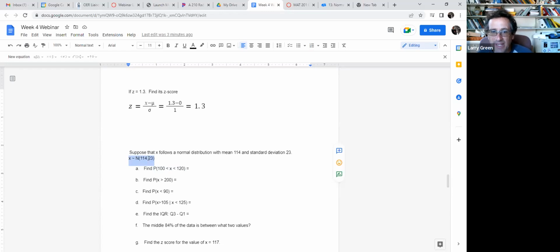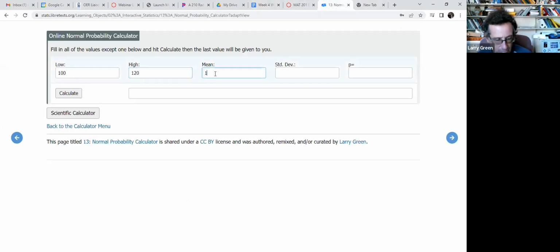It also says it here, but once you learn how to read it, it's faster to read this: 114 and 23. And then I want my probability, so I leave that one blank and I hit calculate. And there we go. It's about 0.3315. Sound good? Any questions on how I did that?